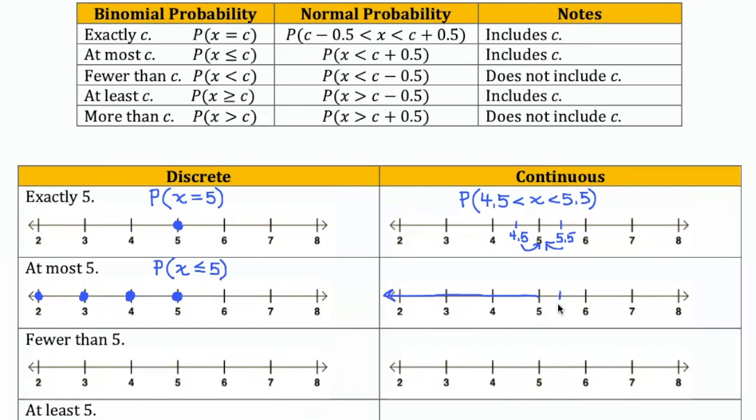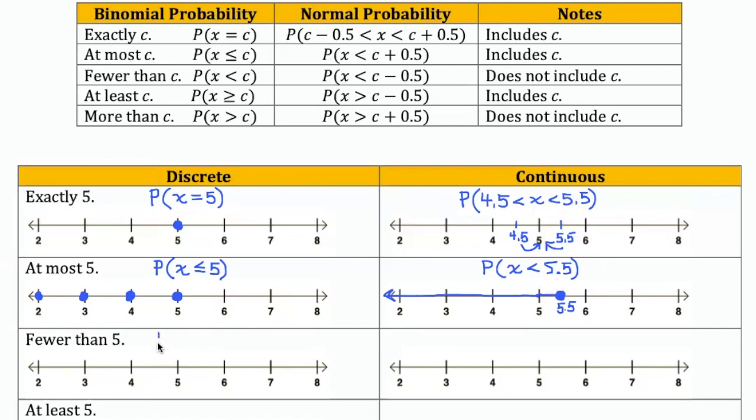But I also want to go a little bit further again, because anything between 5 and 5.5 would round to 5. So my continuous distribution is actually going to look like this. I will calculate the probability of any x value that's less than 5.5. Going up to the top, you can see how with the formula for at most and c being equal to 5, we're told to find the probability, take x and have it be less than your c value, 5, plus half a unit, so 5.5.